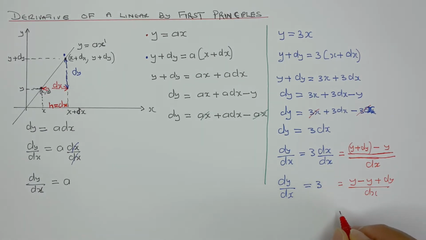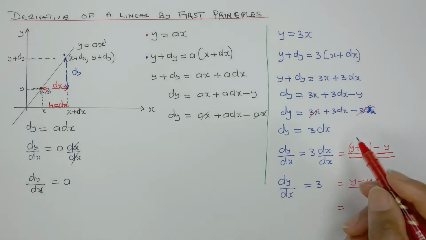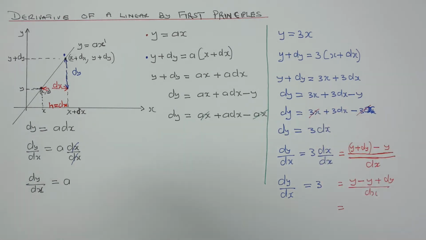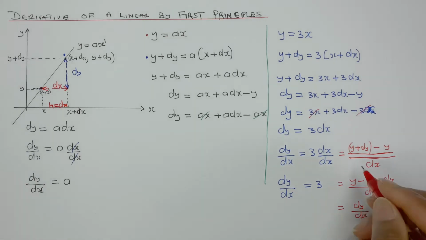And you can see that y cancels y, which is what we've done here. And then you just get your dy over dx. So that's what you see people using.